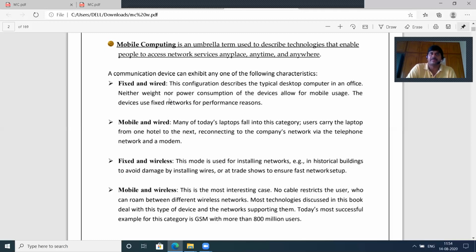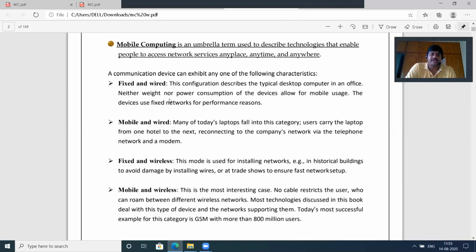We carry our laptop computer to our college, and there we connect to the internet by using the college modem, or some telephone network, or some mobile. So the laptop computer is the best example for this mobile and wired characteristic.